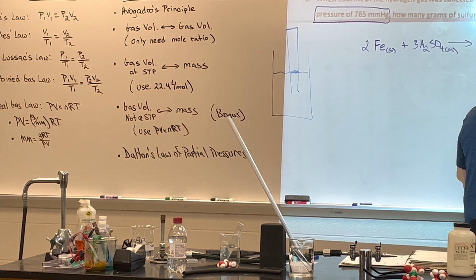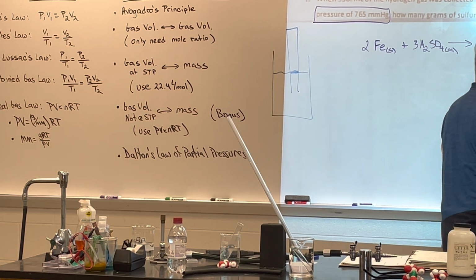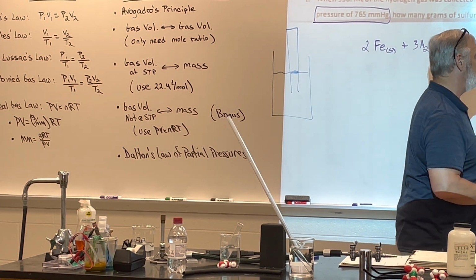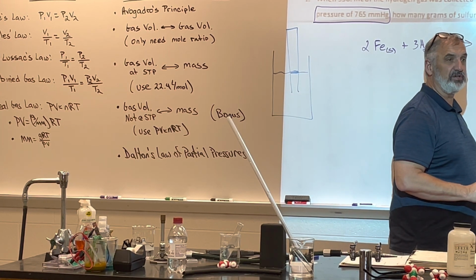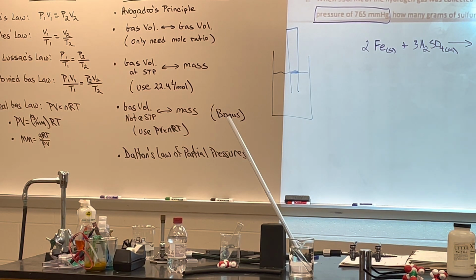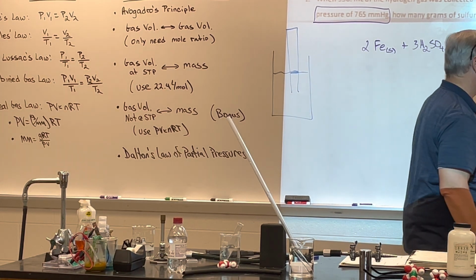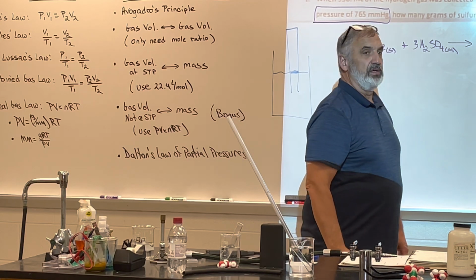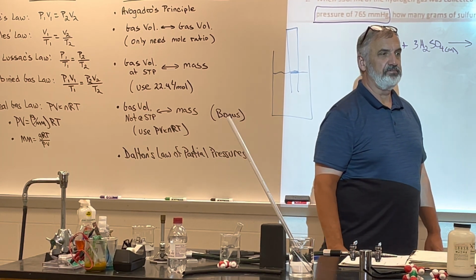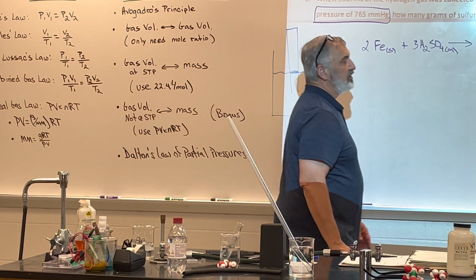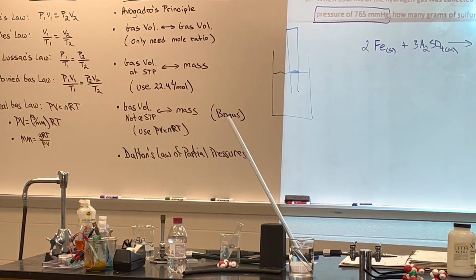So 765 minus 23.76 is equal to the pressure of the hydrogen, the dry gas, which turns out to be 741.24. Did I do the math right? I think I did. Okay, so this is the pressure that I use.